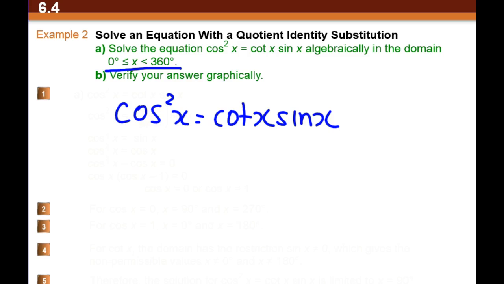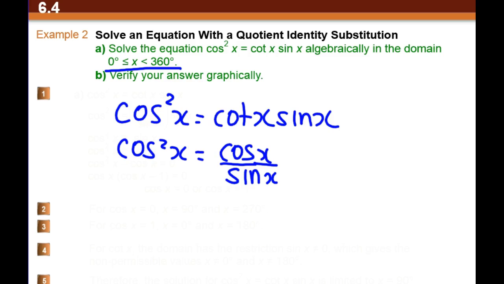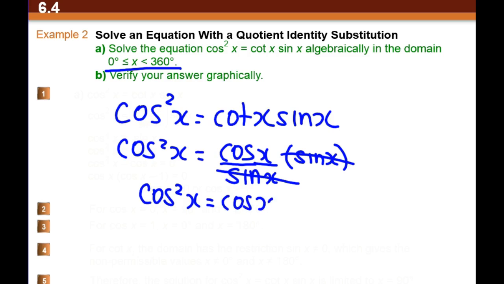Cotangent, yep. Okay, so what could we replace him with? Cos over sine? Put the x's with him. And then we still have this sine multiplying to it, right? Okay, so then we're going to cross off the sines because there's one in the top, one in the bottom. And we end up with cos squared x is equal to cos x.